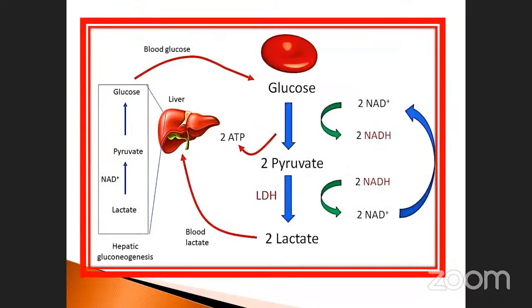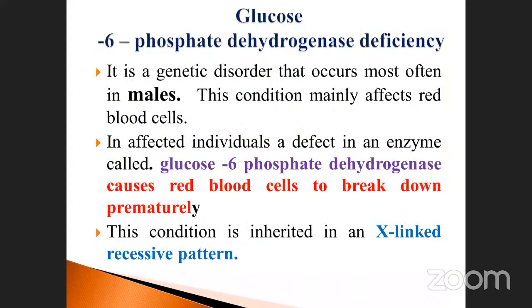See, glucose 6-phosphate dehydrogenase deficiency. This is another disorder. It is a genetic disorder. Note it down, my dear students. It is a genetic disorder that occurs most often in males only. Sometimes they may ask questions: glucose 6-phosphate deficiency mostly affects male, female, none, or any other option.